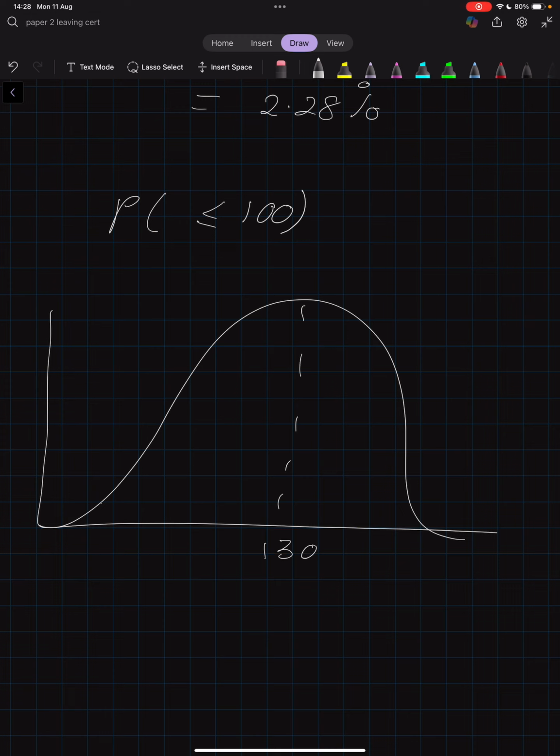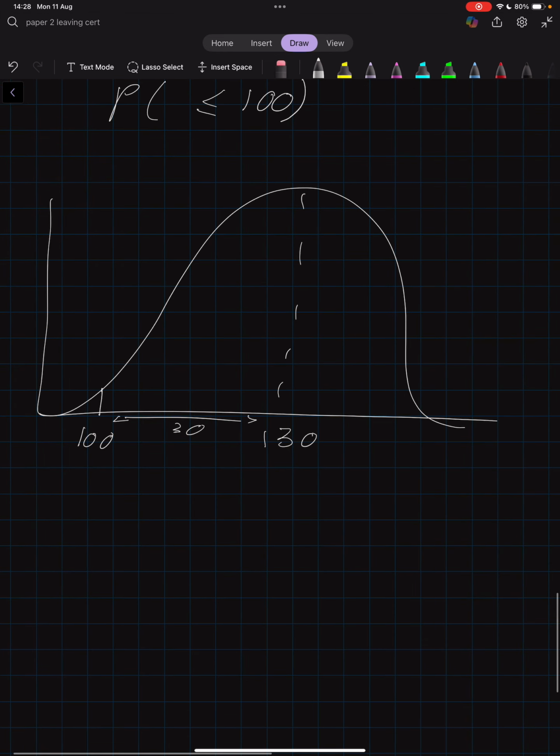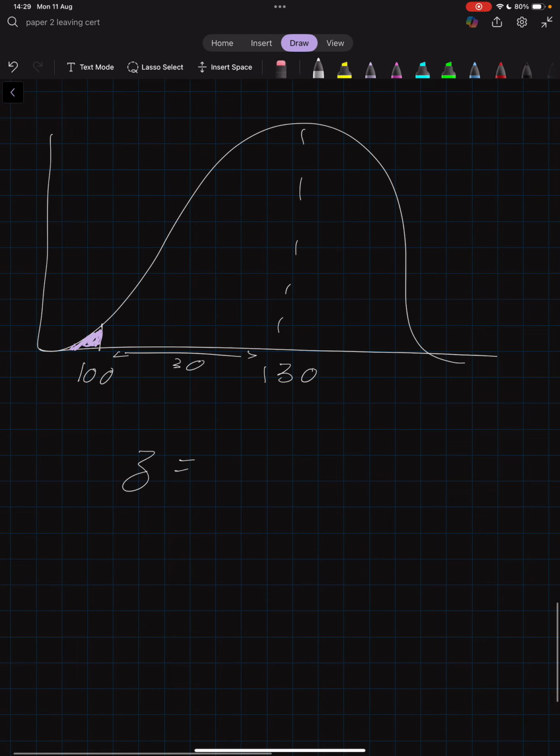We're now looking for 100, which is 30 over this way. So now I want to know what is this area in here. Again, let's do the exact same thing. So z equals 100 minus 130 over 10, that's minus 3.